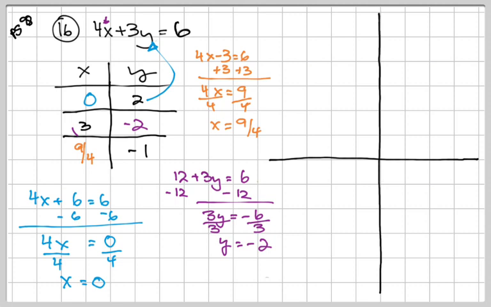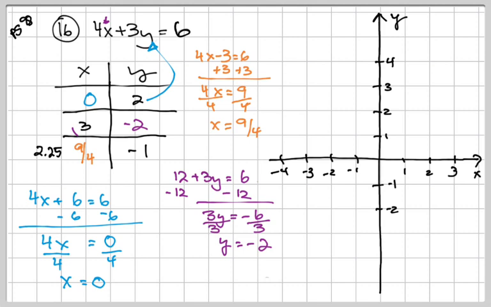Okay, let's plot the point. 9/4 as a decimal is what? 2.25, yes. -1, -2. Okay, let's plot the point 0, 2.